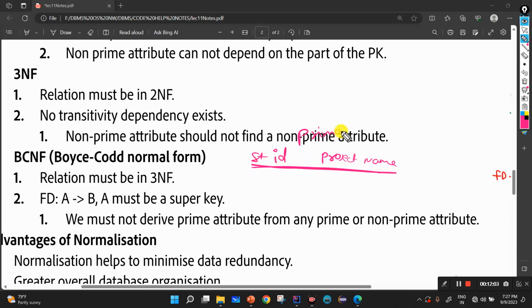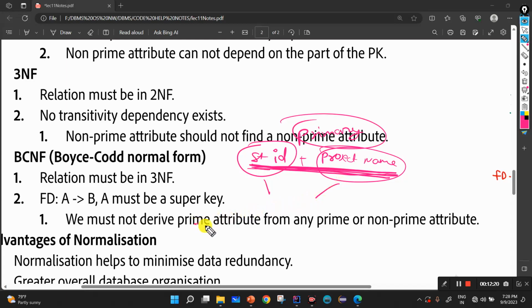In order to make a primary key, we have to use both attributes. So student ID plus project name is our primary key, and both are called prime attributes. So we must not derive any prime attribute from any prime or non-prime attributes.